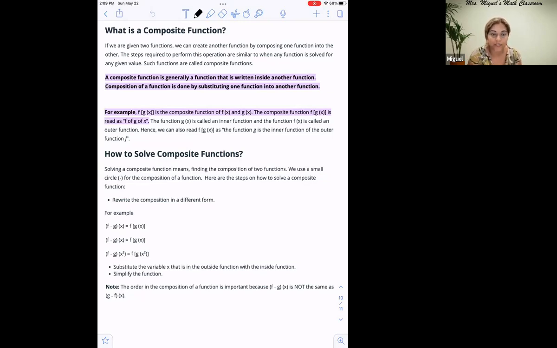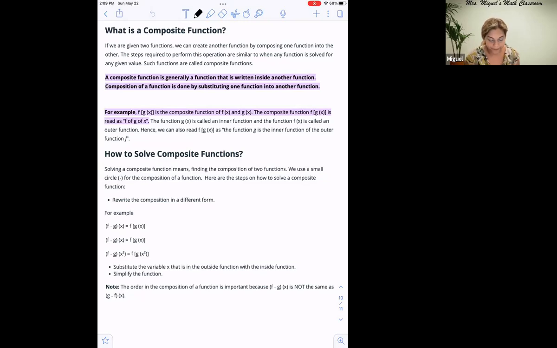Composition of a function is done by substituting one function into the other. So just like when you are baking a cake, you take a lot of ingredients, you merge them together in a bowl, you mix them together, and the product is a cake. So in our composite functions, we take two functions, we merge them in a specific way to give what we call a composite function, right?